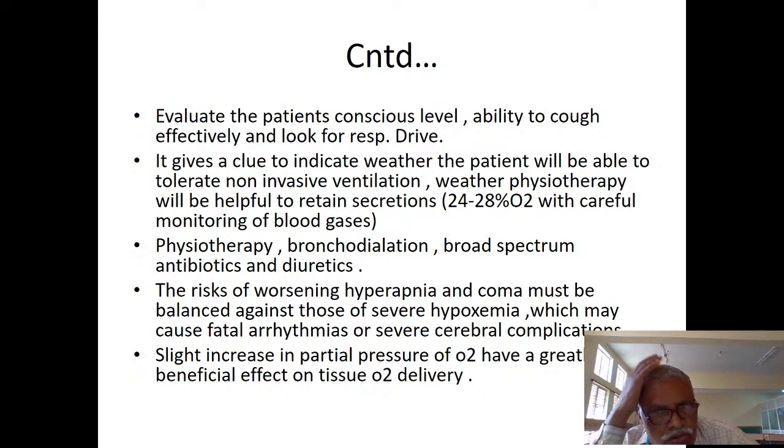It gives a clue to indicate whether the patient will be able to tolerate non-invasive ventilation, and whether physiotherapy will be of some help to bring out retained secretions. 24 to 28% oxygen with careful monitoring of blood gases is required, along with physiotherapy, bronchodilatation, broad spectrum antibiotics and diuretics.